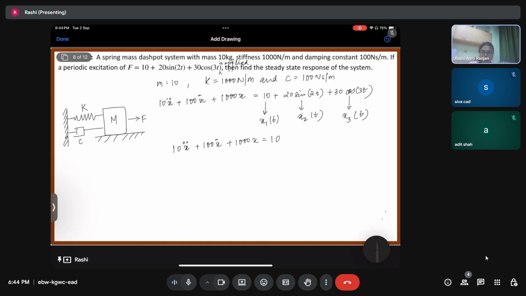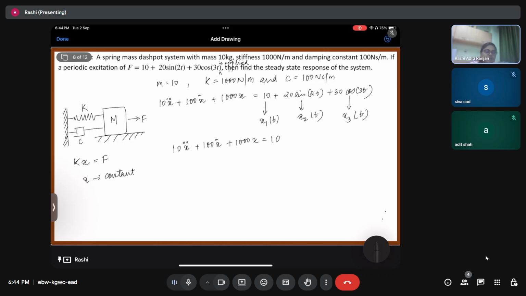Because at the steady state, we are going to have kx balancing F. So x is going to be nothing but a constant.